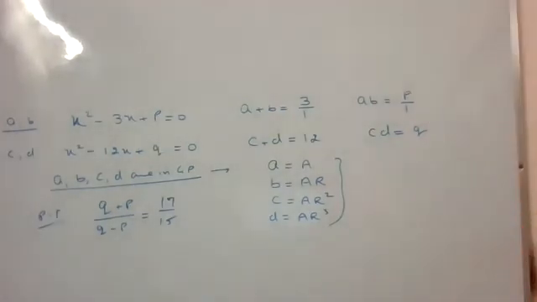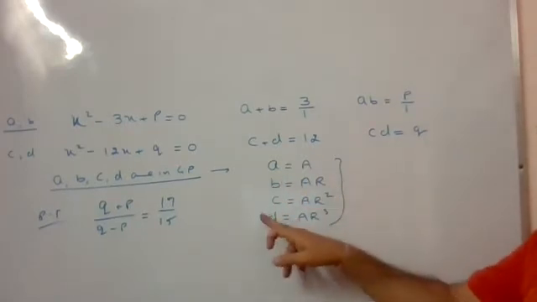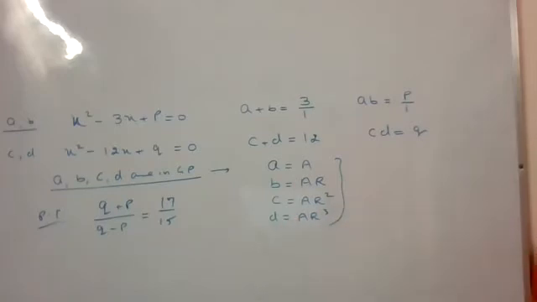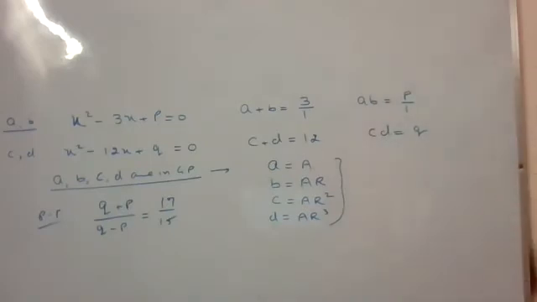We have this condition because they have given a, b, c, d are in GP. These values I'll place here and we will try to get the values of p and q.